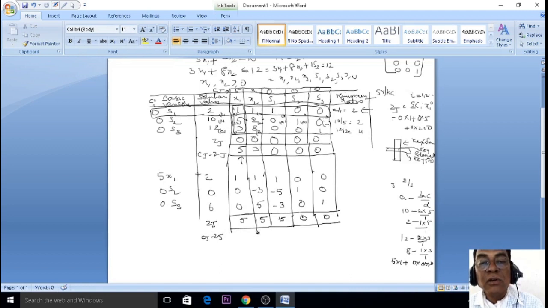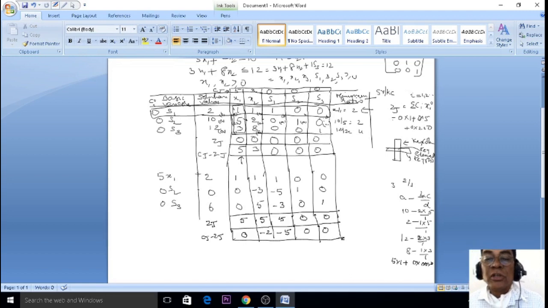Already you have the Cj, the top row values are called Cj values. So what are the Cj here? 5. 5 minus 5, 0. 3, see, 3 minus 0 for the first iteration, minus 2. 0 minus 5, minus 5. 0 and 0. Stop the problem.